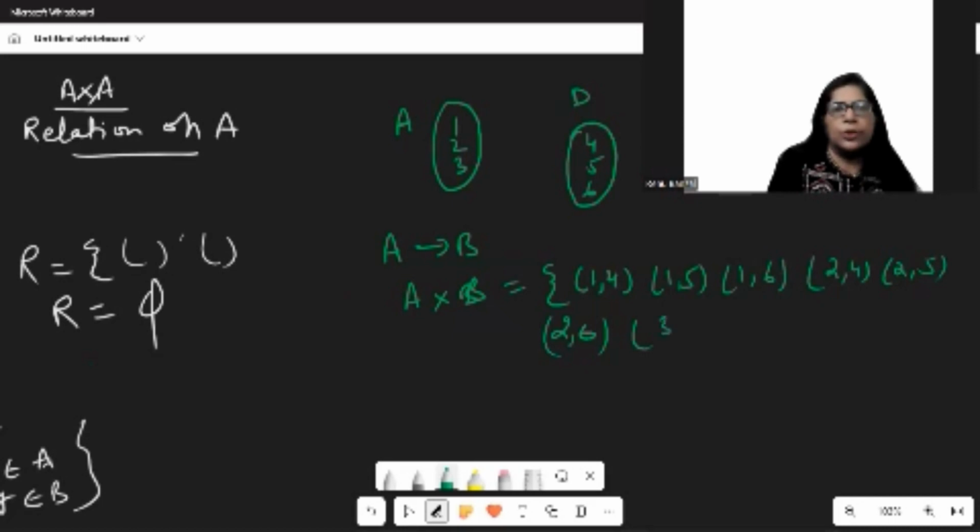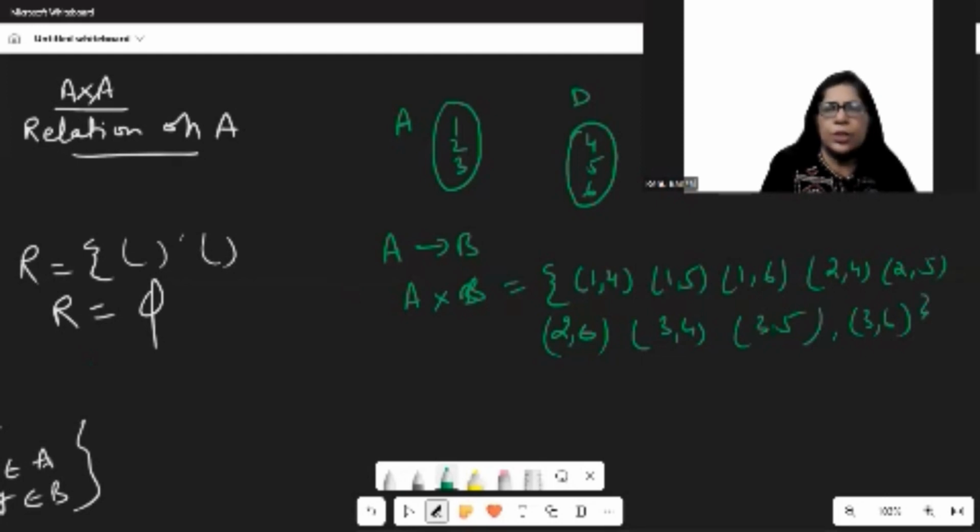Then 3,4; 3,5; 3,6. So this is my A cross B.